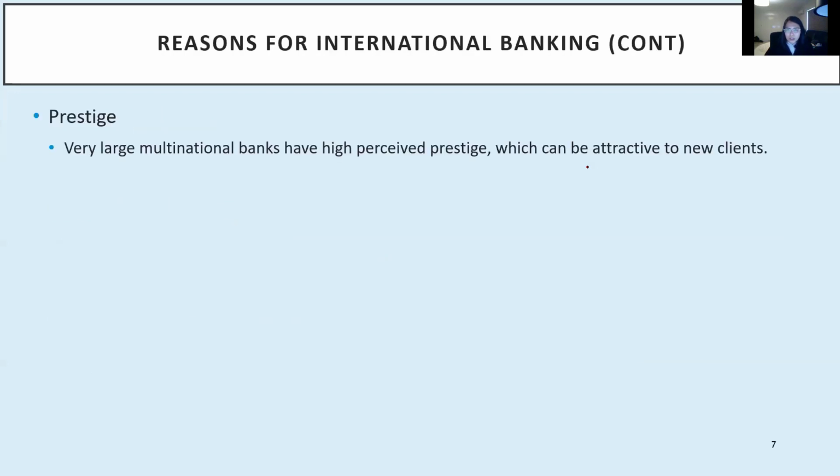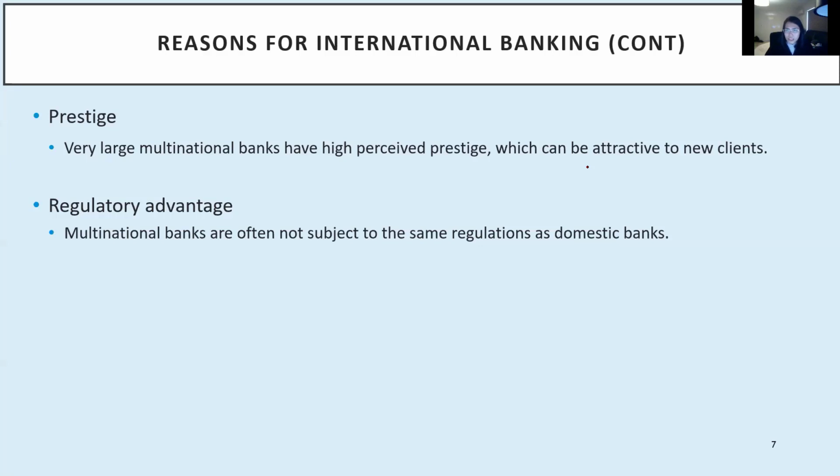In addition to that, some international banks have reputation capital that helps them attract more customers, because of prestige. If you're around for a long time, you accumulate enough reputation capital that might help to attract new customers.